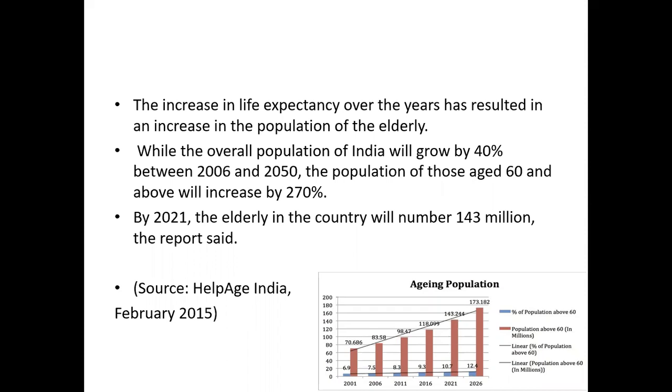That is why the present old age population is really large, and with good life expectancy, the population aged 60 and above will have a great increase. By 2021, the elderly will number around 143 million. This was a report in 2015, so we need to have the current data. It's a huge number.